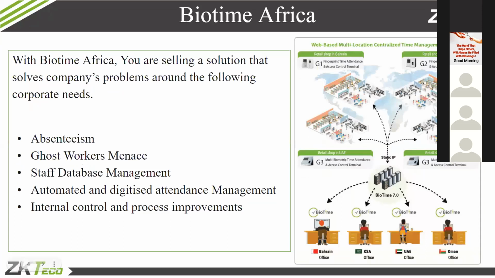Organizations, companies, and governments all over the world are willing to get rid of this menace, and that's the solution you have for them. Staff database management: a lot of SMEs and micro businesses do not have very accurate data of their staff in terms of names and everyday information. You have a solution for them. Automated and digitized attendance system: even up till now, you go to large organizations and see people still doing paper attendance, sign in and sign out.